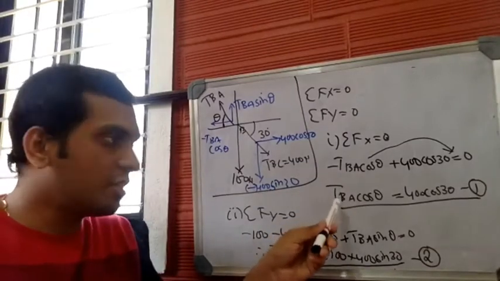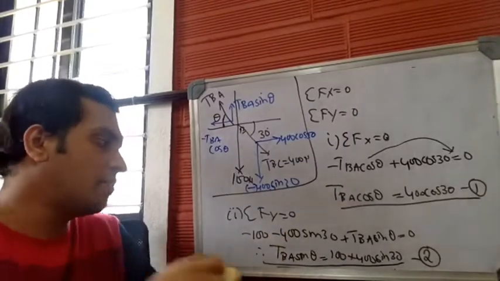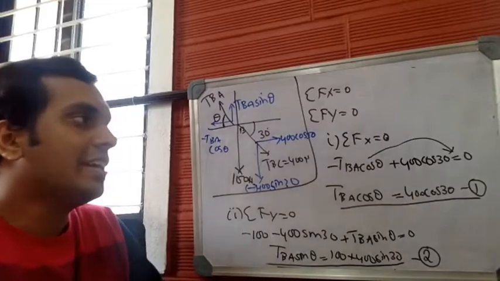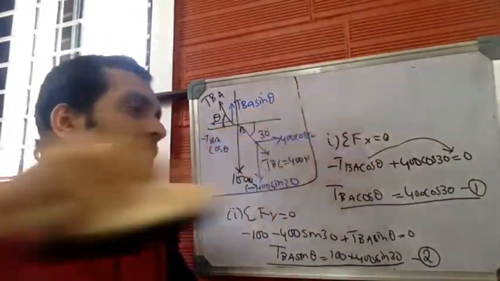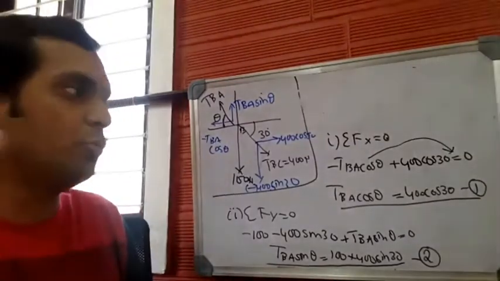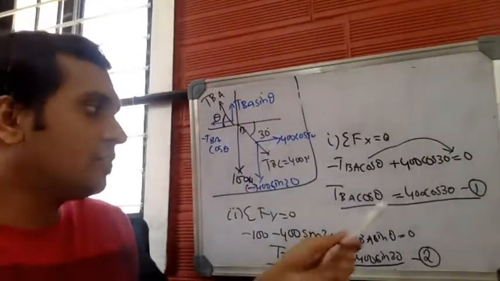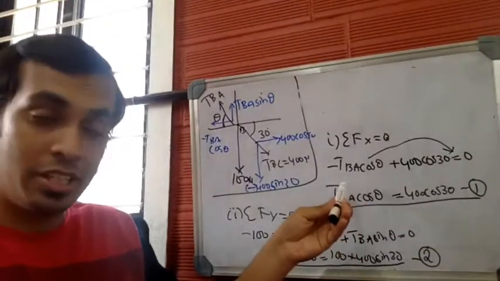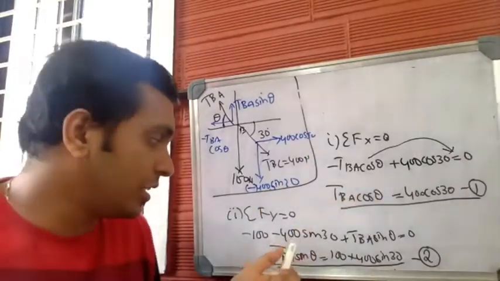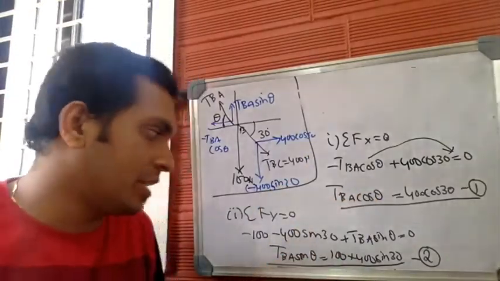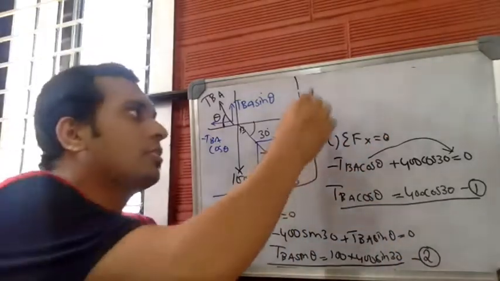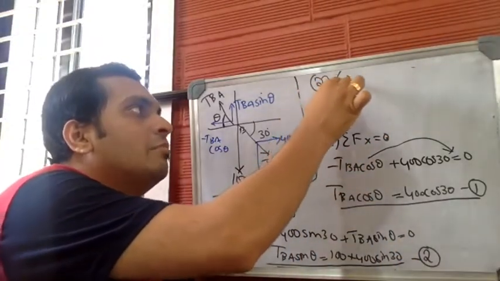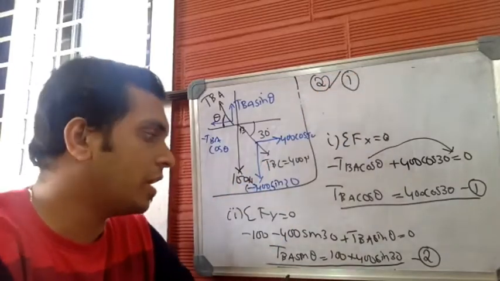The first equation is in terms of TBA cos theta, and the second equation is in terms of TBA sin theta. So what is to be done? Since we have two equations, we can divide equation 2 by equation 1.